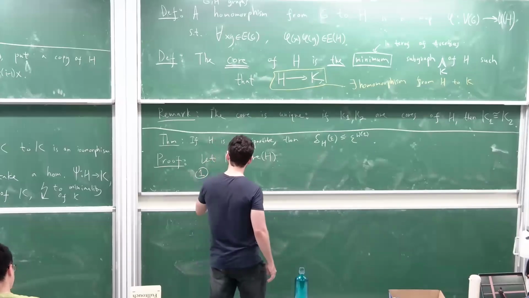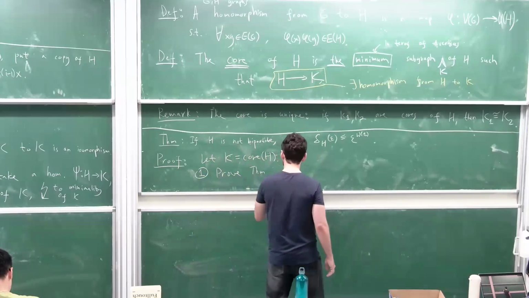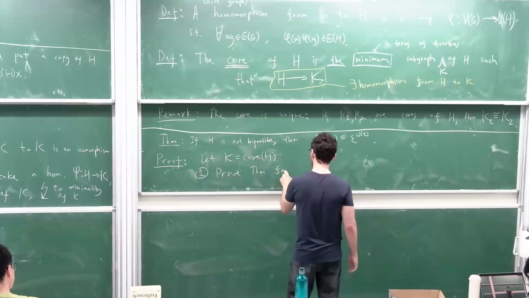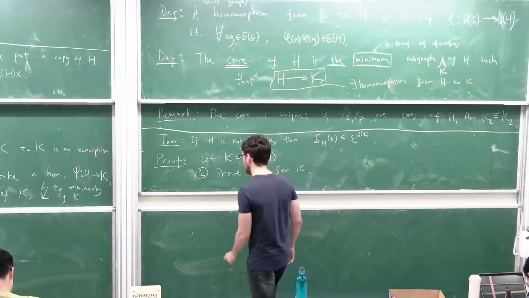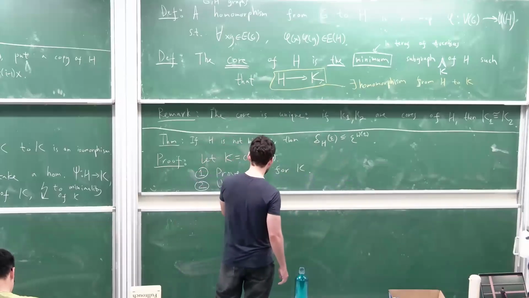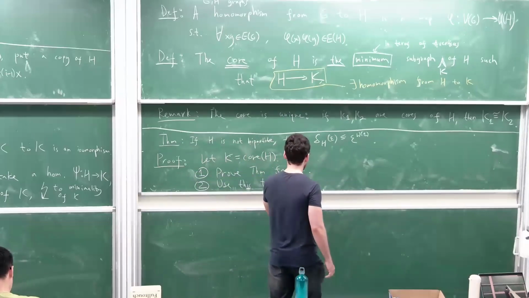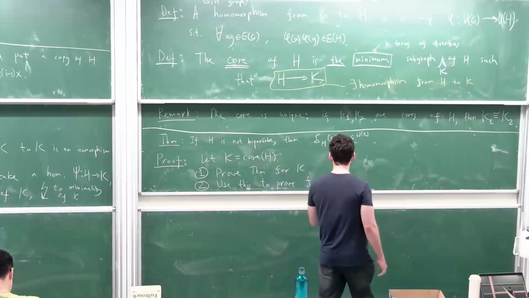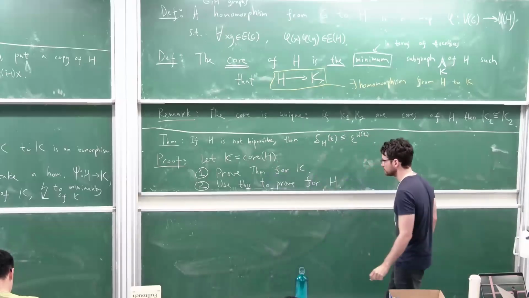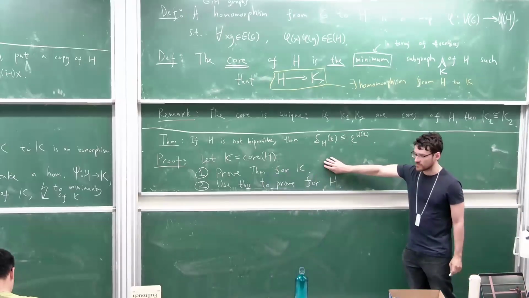First, we prove the theorem for K, and then we use this to prove it for H.